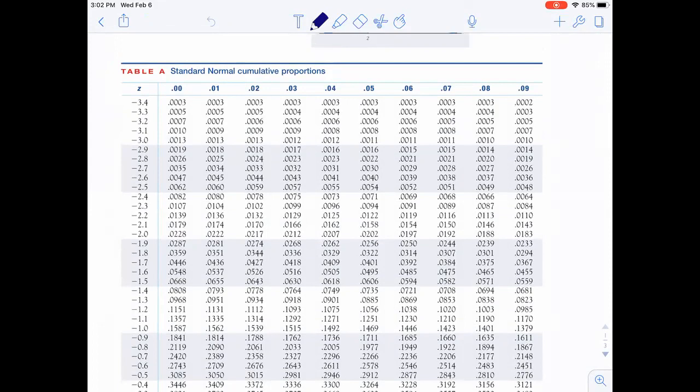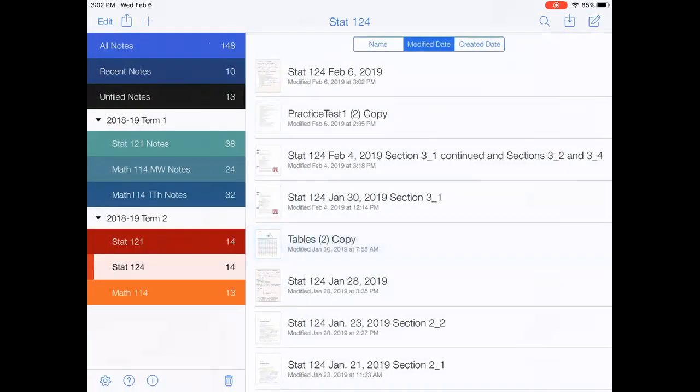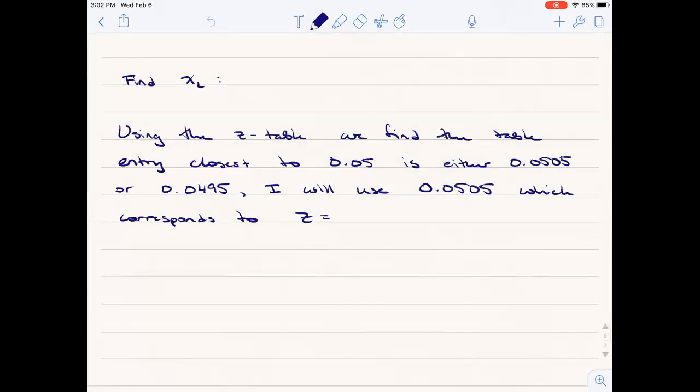Doesn't matter. Slightly different answers, but like I said, as long as you tell me which one you're going to use, that's fine. Which corresponds to Z of negative 1.64.